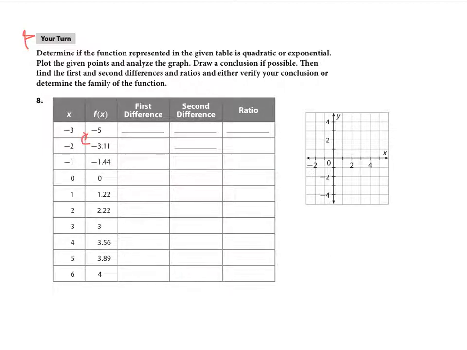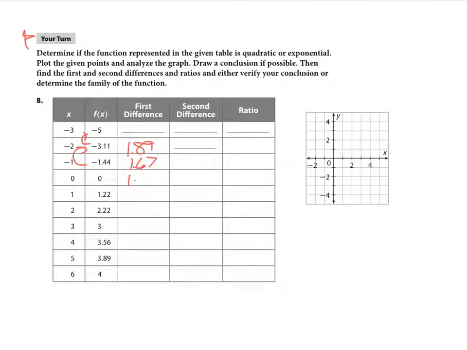Okay, so here I am going to use my calculator. So I've got negative 3.11 minus a negative 5, and that's 1.89. Then I'm going to do this one minus this one. So negative 1.44 minus negative 3.11, I get 1.67.